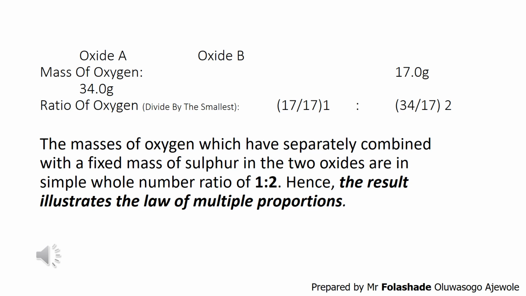And if we calculate the ratio by dividing by the smaller value, 17, we divide both values, 17 and 34, and that will give us a ratio of 1:2. And since it is a simple whole number ratio, the result illustrates the law of multiple proportions.